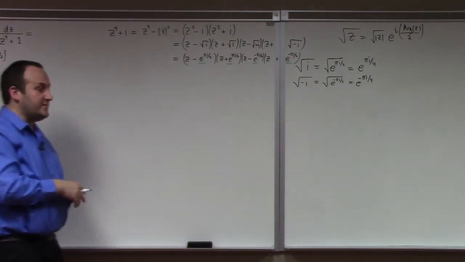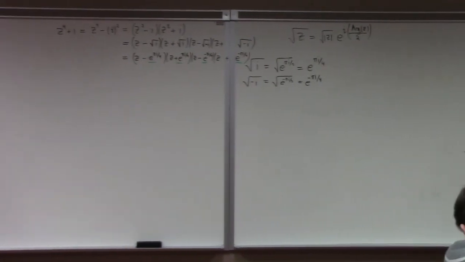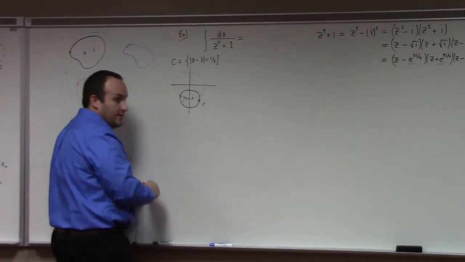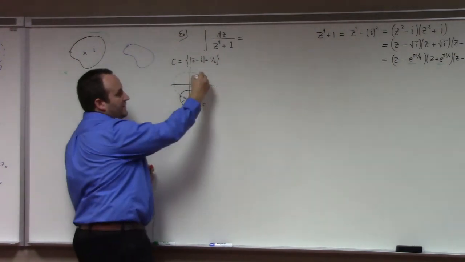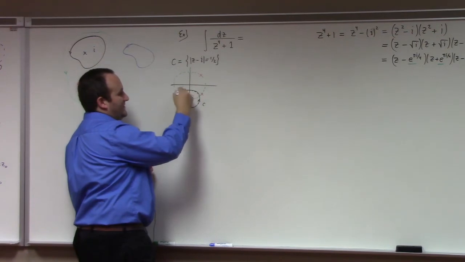Anyway, it's helpful to visualize those geometrically, because those are points on the unit circle. They're easy enough to picture. So the unit circle looks like this, and those 4 points are at 45 degrees, minus 45 degrees. They're here, here, here and here. I'm not sure about this, actually.